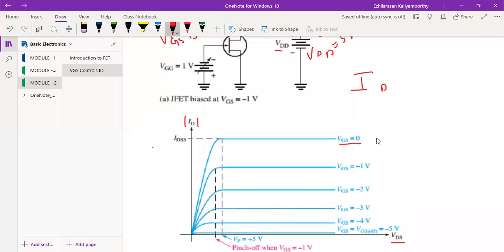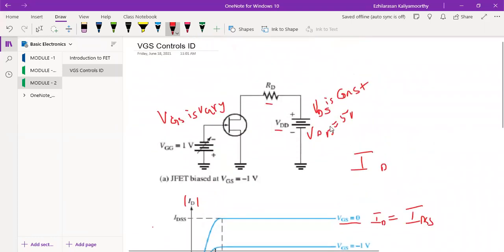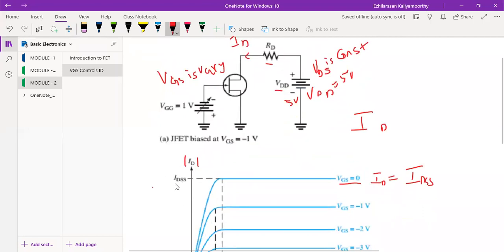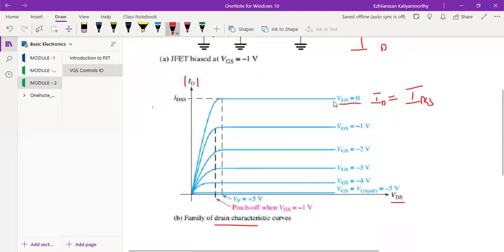When VGS is equal to 0, ID will be equal to IDSS, because here I connected a constant 5 volt. If I connect a constant 5 volt, what will your ID current be? It will be the maximum current, and that only I call IDSS. When VGS is equal to 0, ID is equal to IDSS. Okay, that we got.